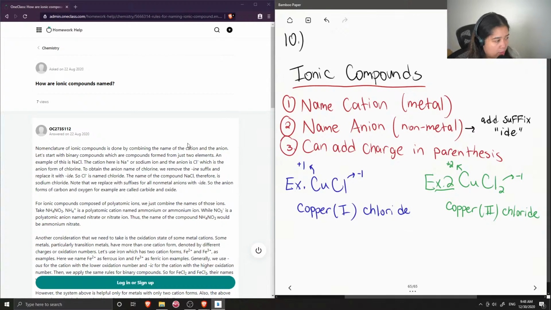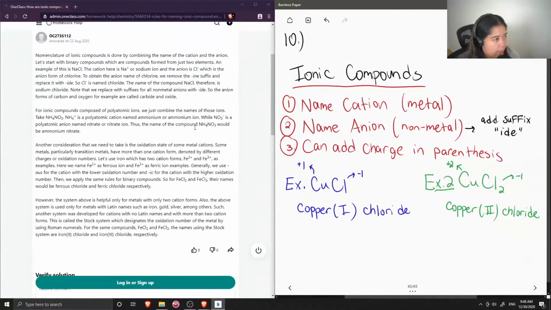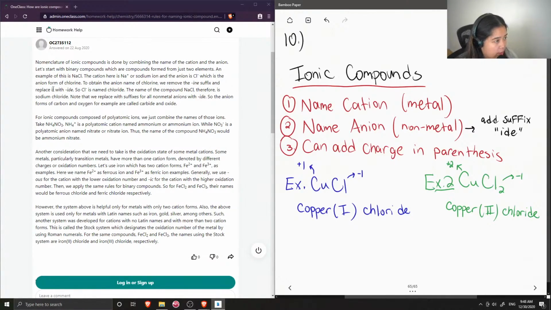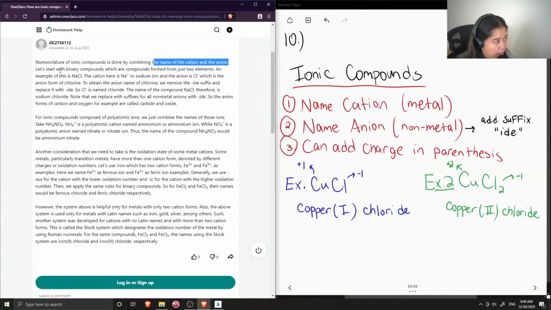Okay, so the junior tutor has a very lengthy and informative response, combining the name of cation and anion. So then they just start off with binary compounds. NaCl is sodium and the chlorine ion. And then we remove the "ine" and replace it with "ide."